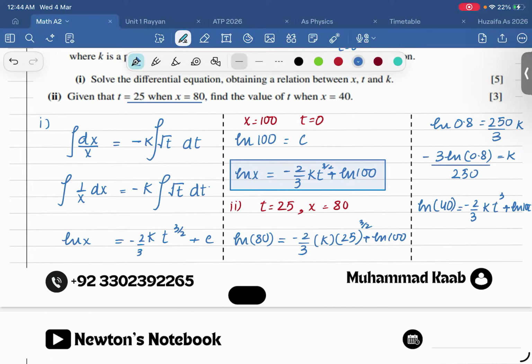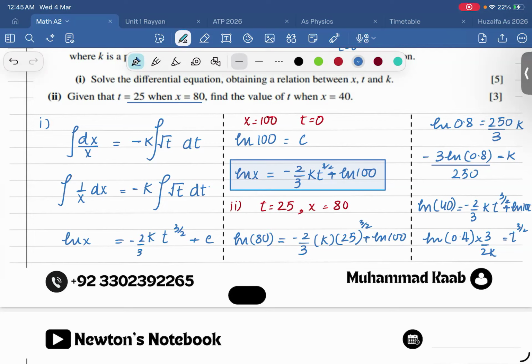Okay, so from this side you will get ln of 40 divided by 100, so ln 0.4, times 3 over 2k, and that equals t to the power 3 over 2, right? So we can solve it and you'll get the value.